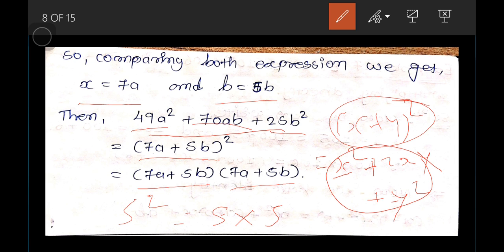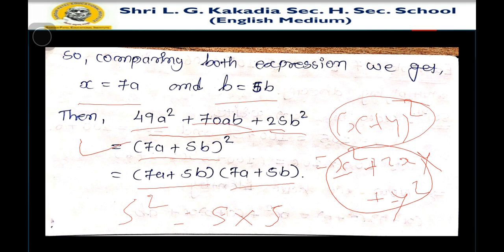So we have factorized 49a square plus 70ab plus 25b square as (7a plus 5b) into (7a plus 5b). We can easily find factors by using these algebraic identities. Now let us understand more examples with the use of these algebraic identities.